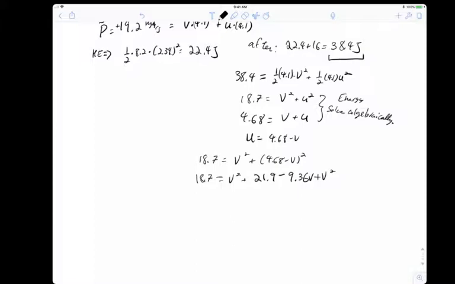So that gives us 18.7 minus 21.9 divided by 2 minus 1.6 is equal to v squared minus 4.68v. All right, I'm going to use completing the square to solve this.